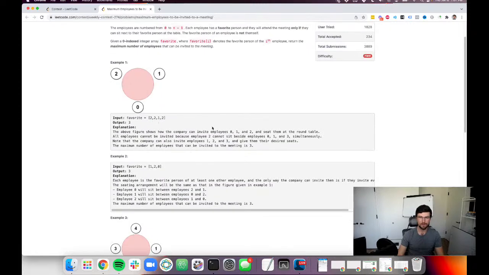Now the valid one was where we removed, I think in this case they said they removed employee 3.